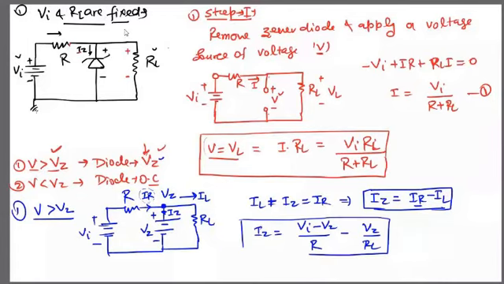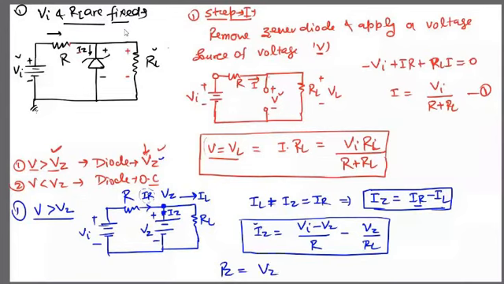Once we are able to calculate the value of IZ, we can calculate the power dissipated, or power provided, by this Zener diode. That is PZ equals VZ into IZ.